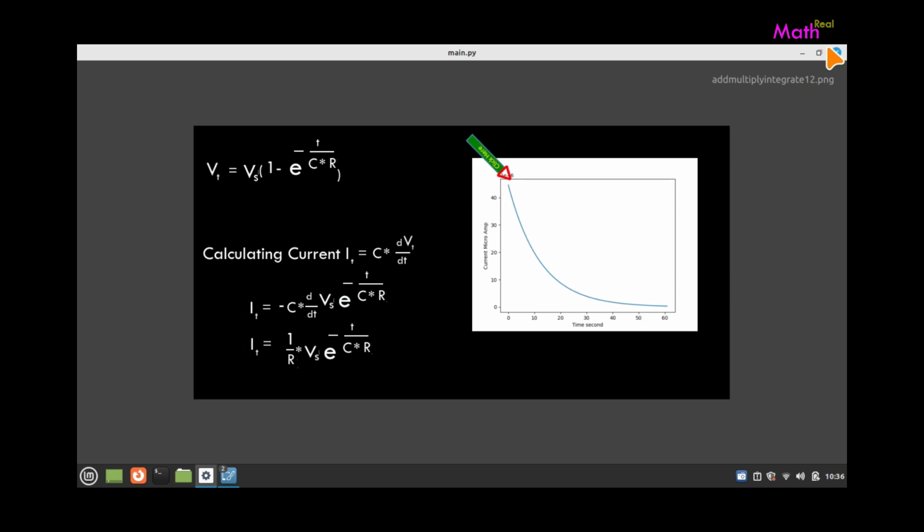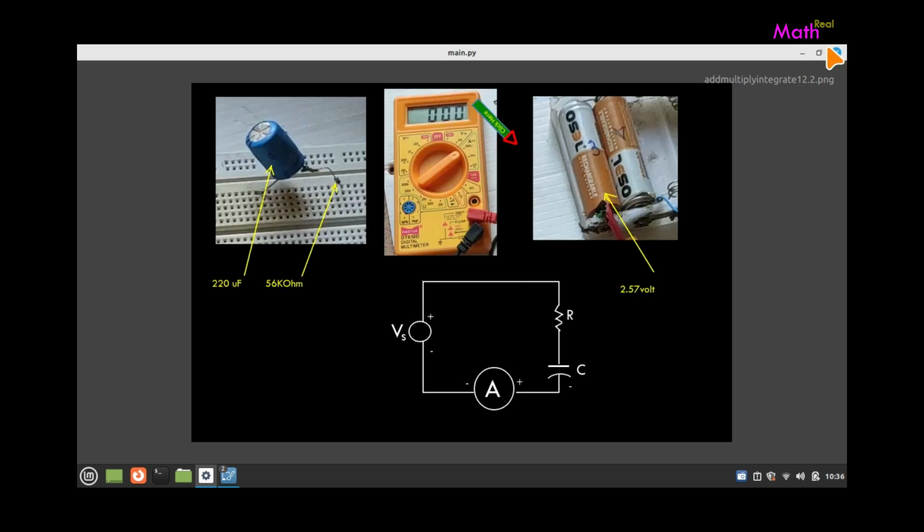So we have taken a capacitance of 220 microfarad, and the resistor we have connected is 56 kilo ohm, and the voltage is 2.57 volt. This is the circuit we have connected, where the ammeter is connected to the voltage source like this, and then the capacitance and resistance are connected like this.